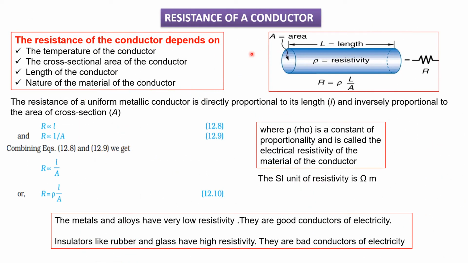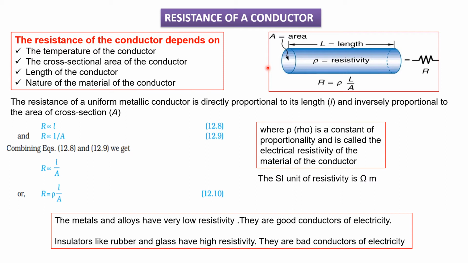Coming to the resistance of a conductor. You know the resistance. What is resistance? Resistance means the difficulty to flow inside. By whom? By electrons. The difficulty of electrons to flow inside a conductor is called resistance.